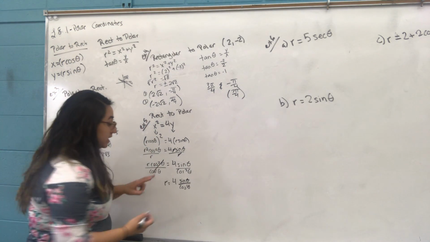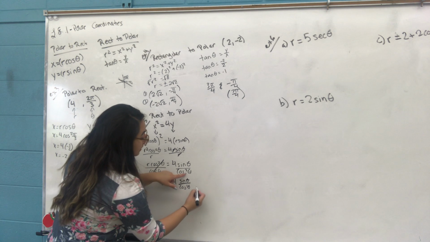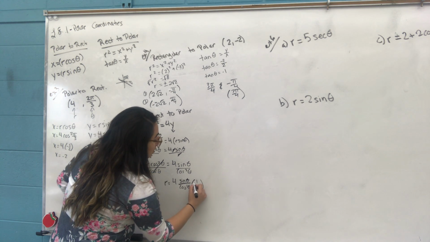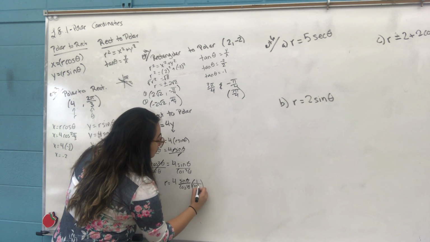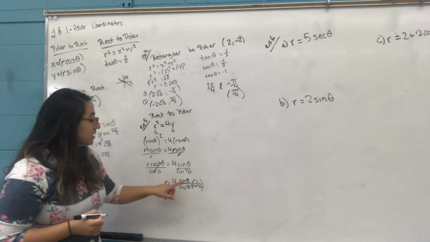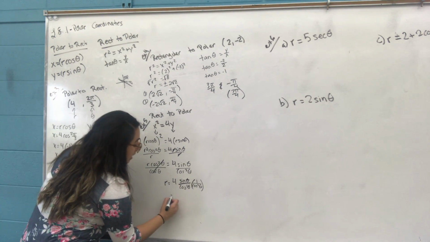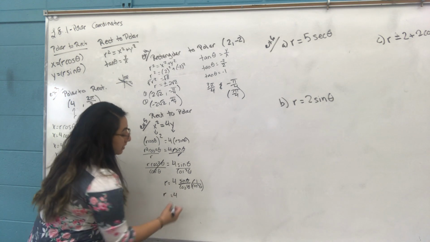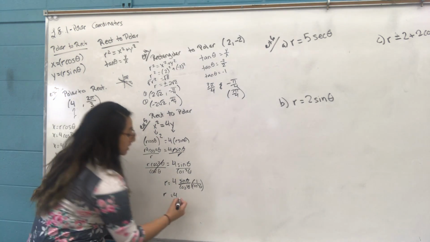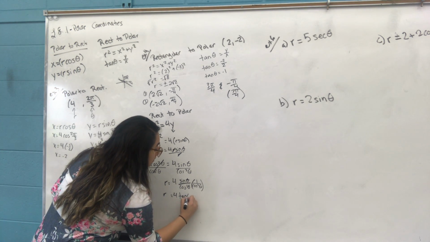That means there are 2 cosines. So if I separate it, I can have sine over cosine. Since the cosine is in the denominator, I'm going to separate it into a different fraction. So sine theta over cosine theta, and I'll bring the 4 down. Sine over cosine is always equal to tangent, so tangent theta.